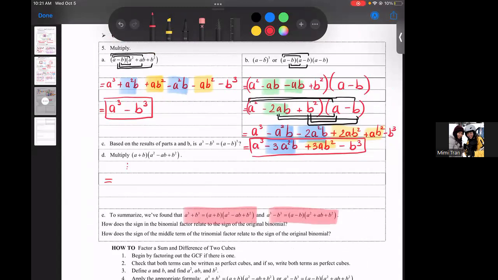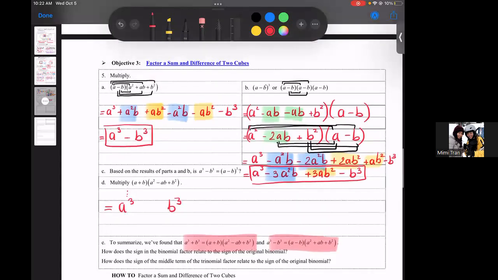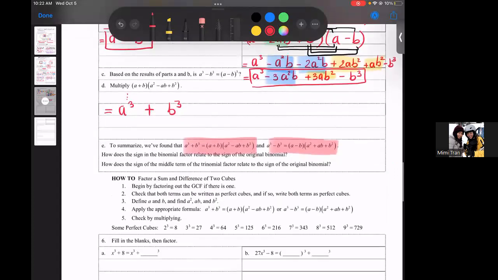So at the end, I should have a cubed and b cubed. Minus or plus? Careful. Let's start with minus. So I have minus. Let's start with plus. So I have plus. Please do it at home, we don't have time to do it now.